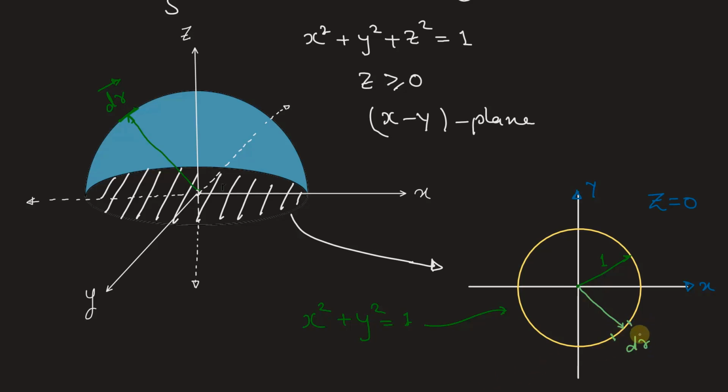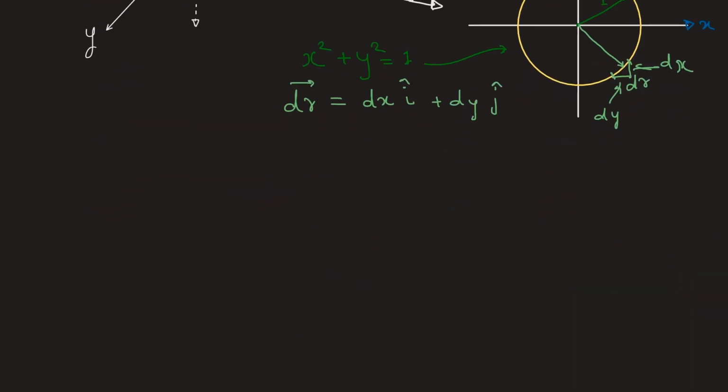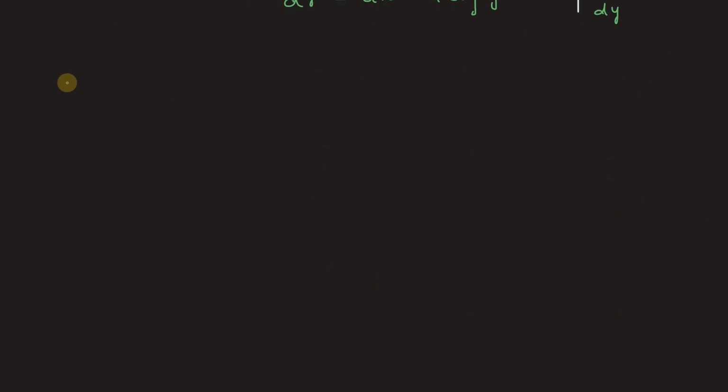So dr can be expressed in terms of x and y, so this vertical and horizontal line, this is dy and this is dx. So you can write dr vector is equal to dx i cap plus dy j cap. Now according to Stokes theorem, we need to calculate the line integral on this curve C. So we can write the Stokes theorem as the line integral over C of u vector dot dr vector.